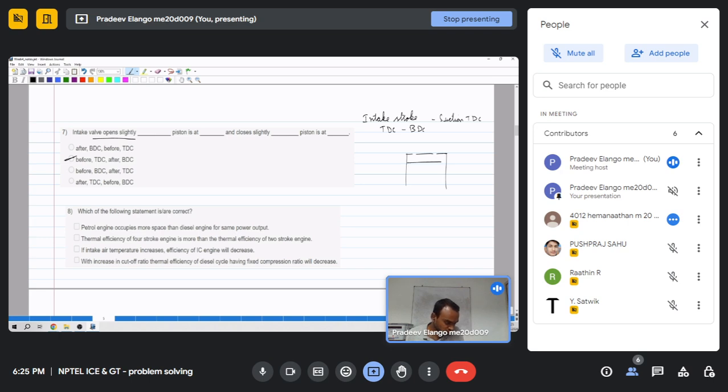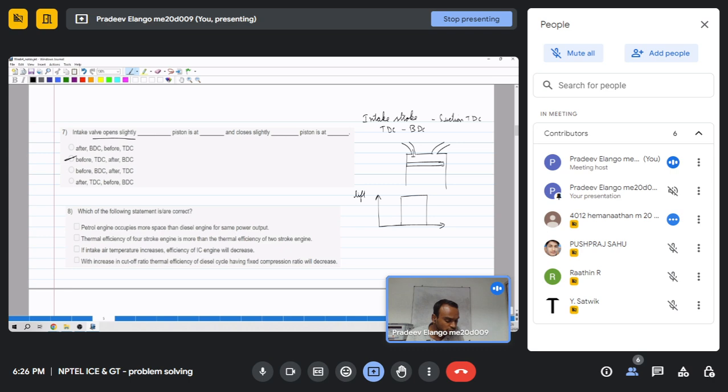So the piston is at TDC and the intake valves will be operated by a cam. So the cam lift cannot be such that we start at a certain point.